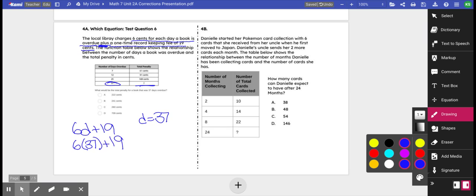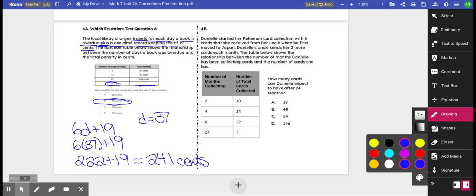When we multiply 6 times 37, we get 222 plus 19. 222 plus 19 is 241 cents. Or $2.41 total. But they're keeping it in cents, so our answer would be B, 241 cents.